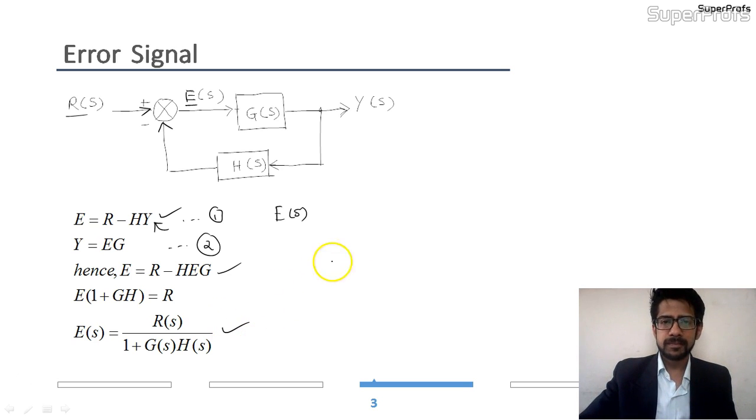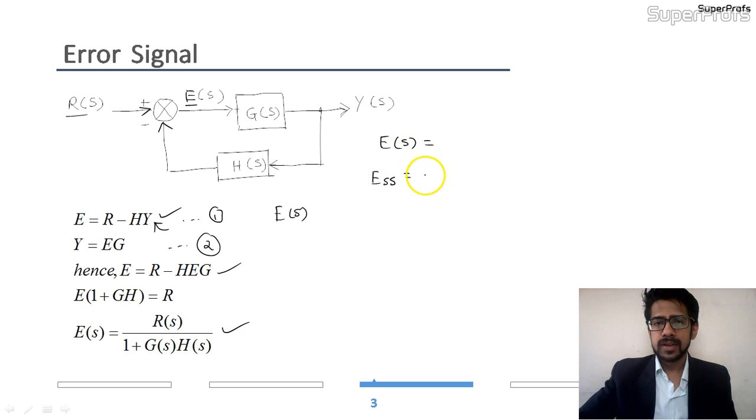Now look carefully. We have steady state error E SS equal to limit s tends to 0 of s into E of s. So our error signal is nothing but R of s upon 1 plus G of s into H of s.